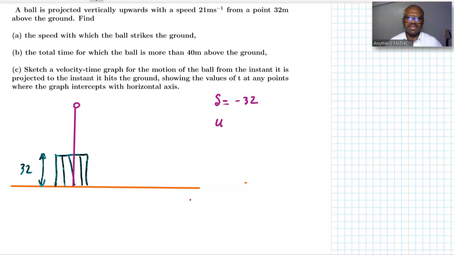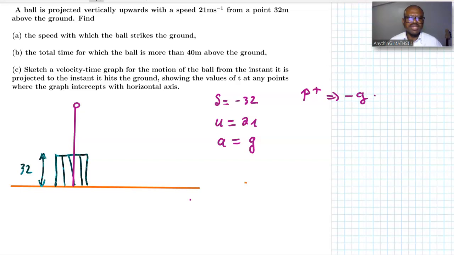The initial velocity is given as 21. A will be the same as G. But I'm considering going up to be positive. So it means G will be negative.